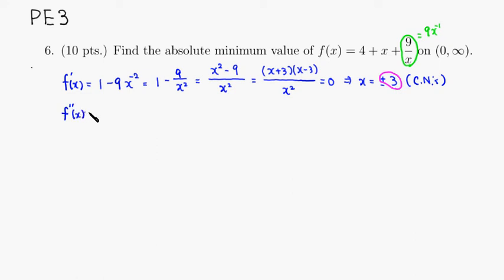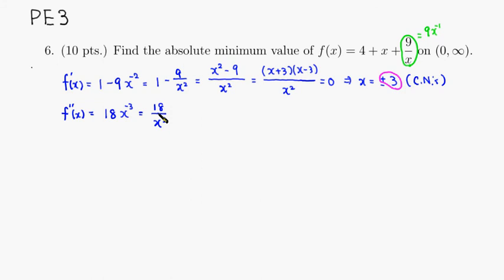So f double prime of x is the derivative of this. The derivative of 1 is 0. The derivative of negative 9 x to the negative 2: put negative 2 in front, so negative 9 times negative 2 is positive 18, then x to the negative 3 power, which is just 18 over x cubed.